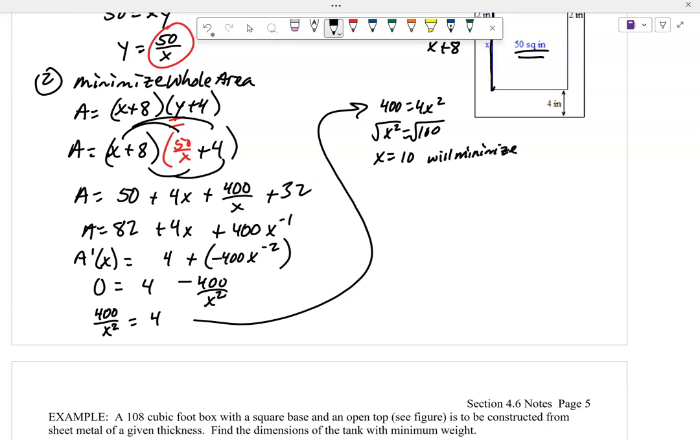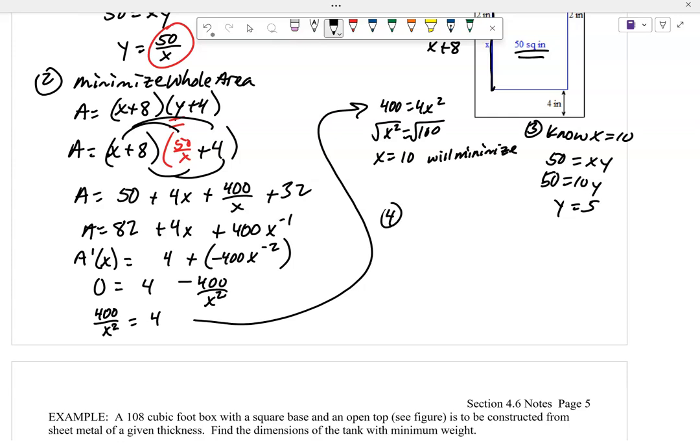All right. So step 3, now we know we want to have x being 10. And we also know that x times y was 50. So 50 equals 10 times y. Divide both sides by 10, so our y ends up being 5.